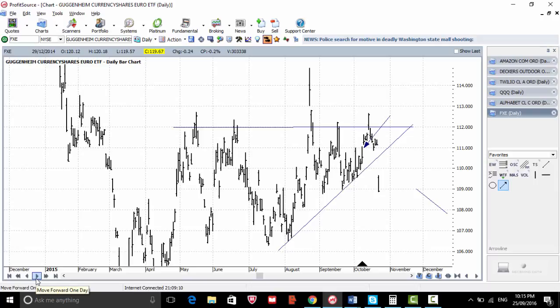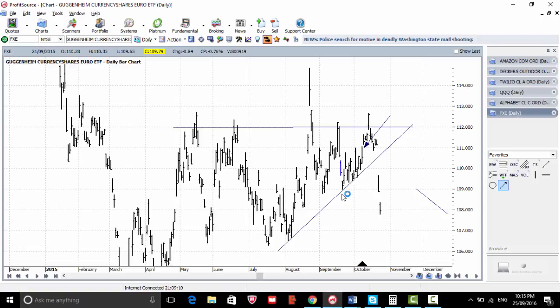So I'm going to move over to the next day. There we go. Now we have clearly two consecutive closes below each other and also under this particular trend line. With my particular strategy, the rules are that this is confirmation that the euro is headed lower.